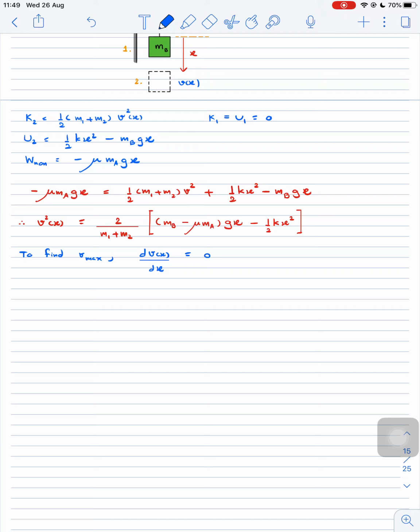Must be equal to the 0, right? So you have learned this one already. To find the extreme value of the function, you need to take the derivative of that function relative to the argument and just make it equal to the 0.